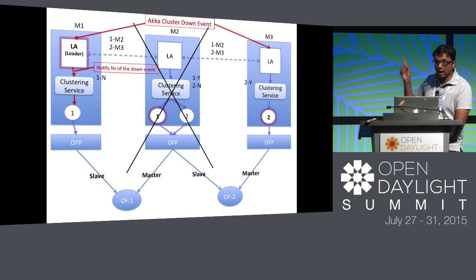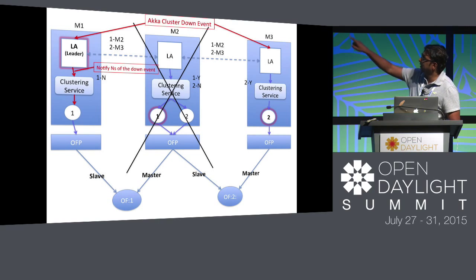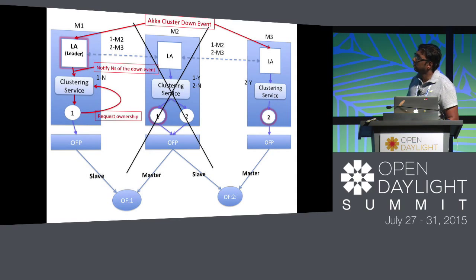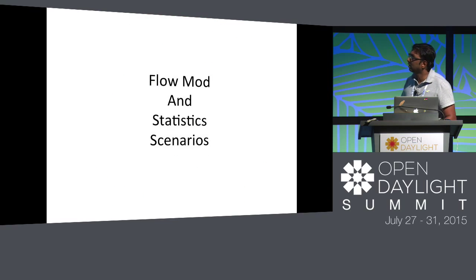This is achieved through Akka, because the lock actors, which we see as the 3 boxes at the top, are actually actors of Akka, and when an Akka member goes down, we get a cluster down event through which we know that something has gone down, and with that event we try to do this. So this one requests an ownership, and that way that member becomes the owner.